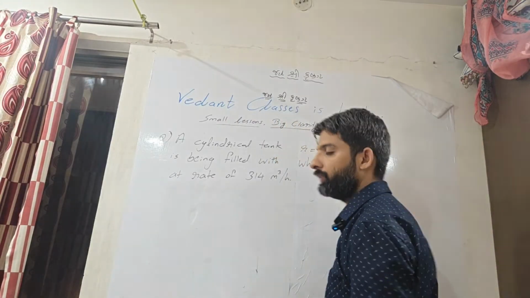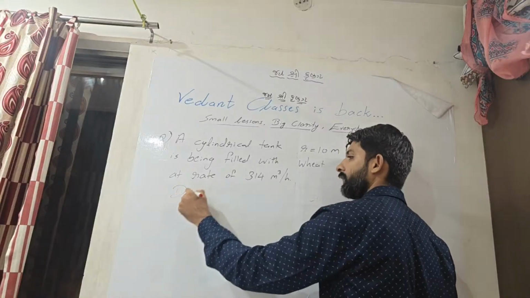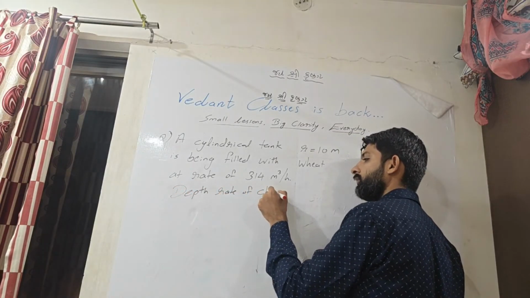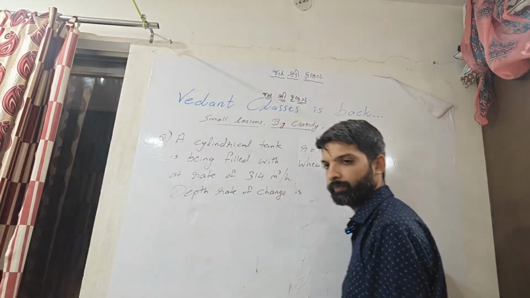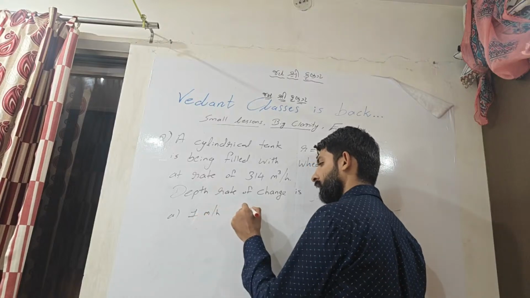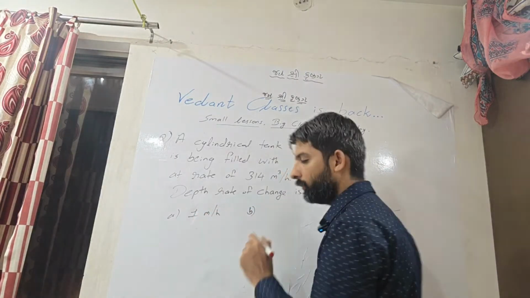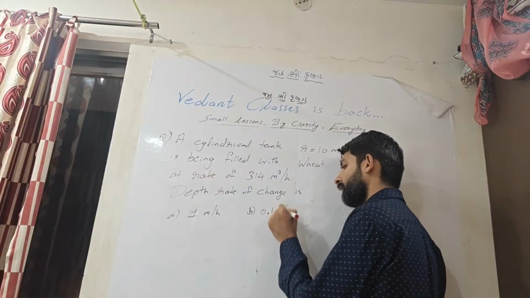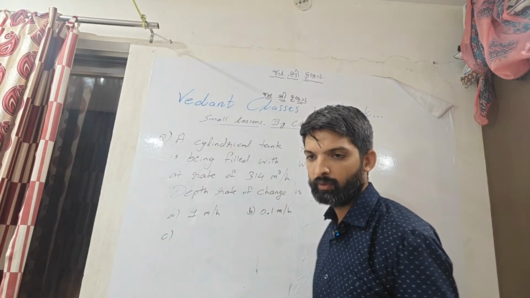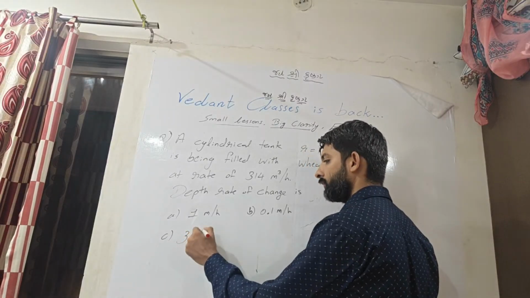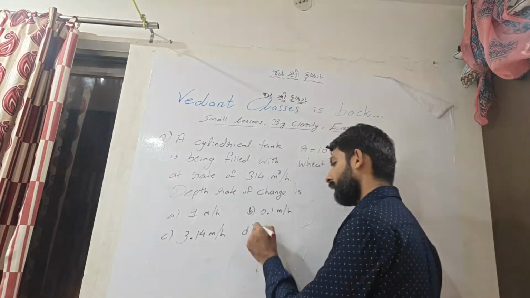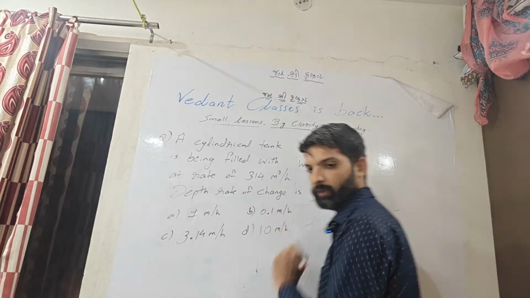The depth rate of change is: option A 1 meter per hour, option B 0.1 meter per hour, option C 3.14 meter per hour, and option D 10 meter per hour.